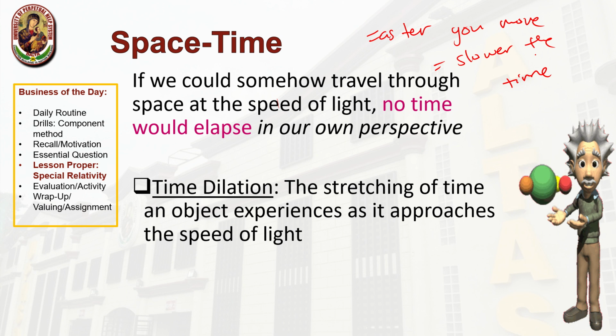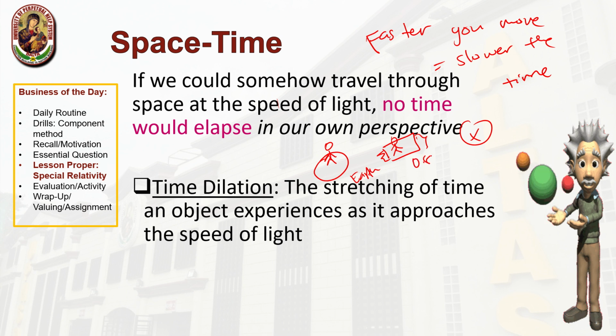Kasi 'di ba kapagka iko-compare mo yung isang bagay, actually this is how we can describe that. Let's say you have a situation wherein you have a person on earth observing an astronaut in outer space, and this astronaut will be traveling from earth to planet X with a velocity that is close to the speed of light.